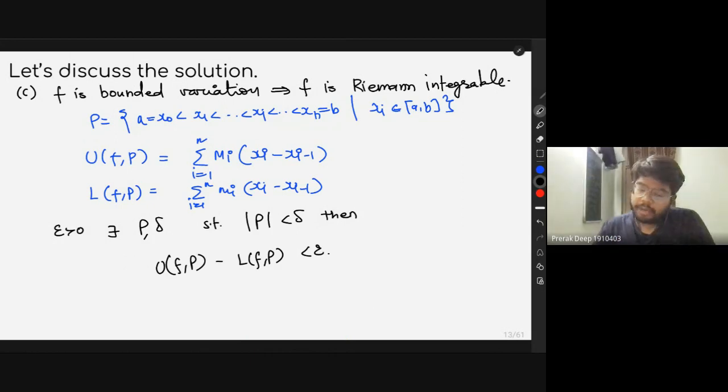So how do we achieve such a partition whose length is smaller than delta? That is the question.